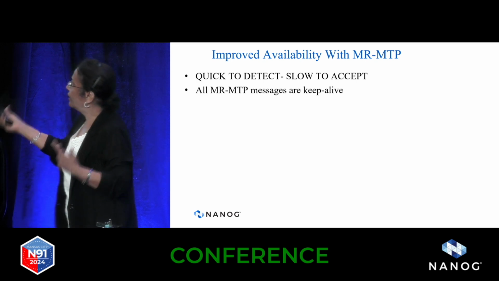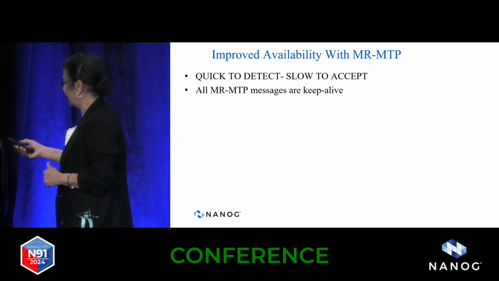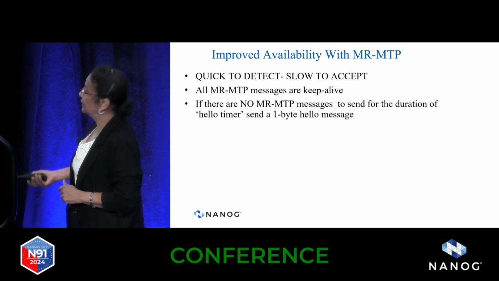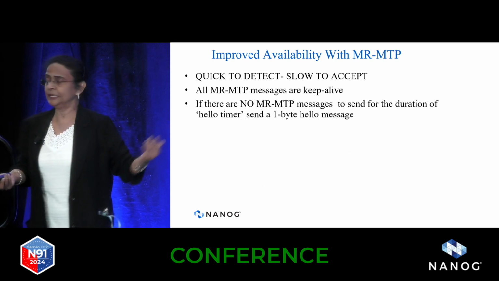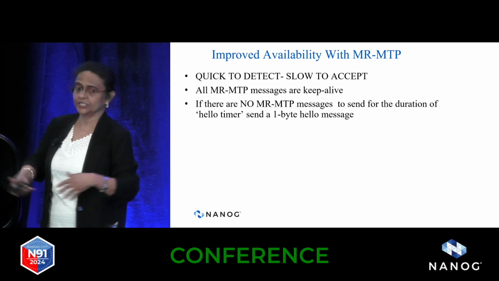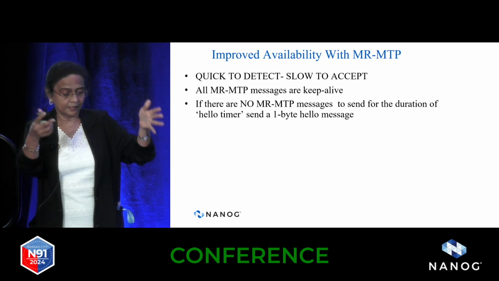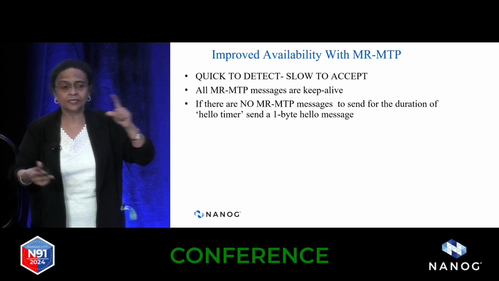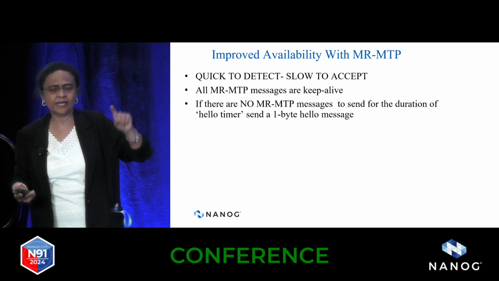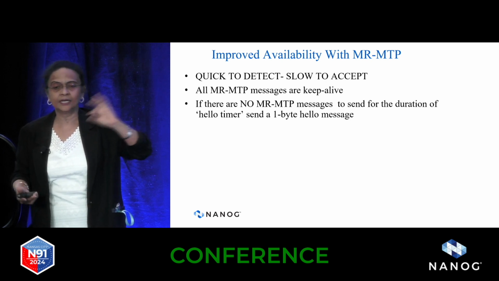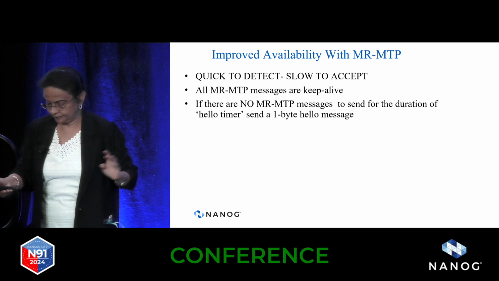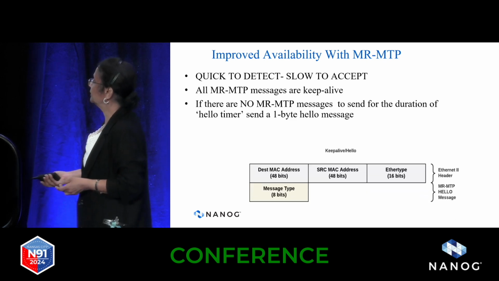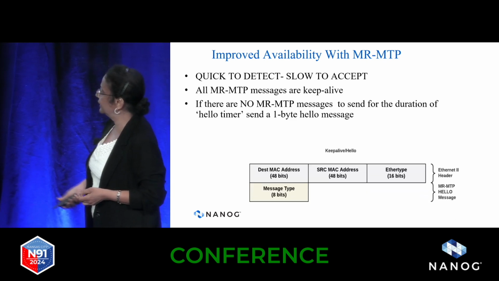So all MR-MTP messages are keep alive. And if there are no MR-MTP messages for the duration of a hello timer, then I'll send just a 1 byte code that says, hey, I'm alive. That's enough for me. So this is our hello message.